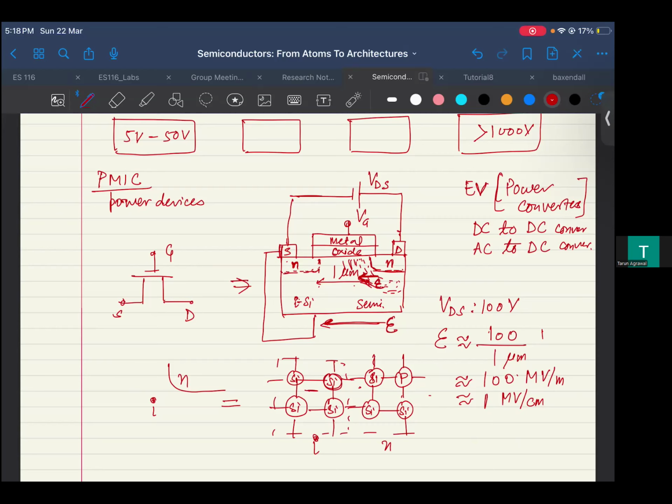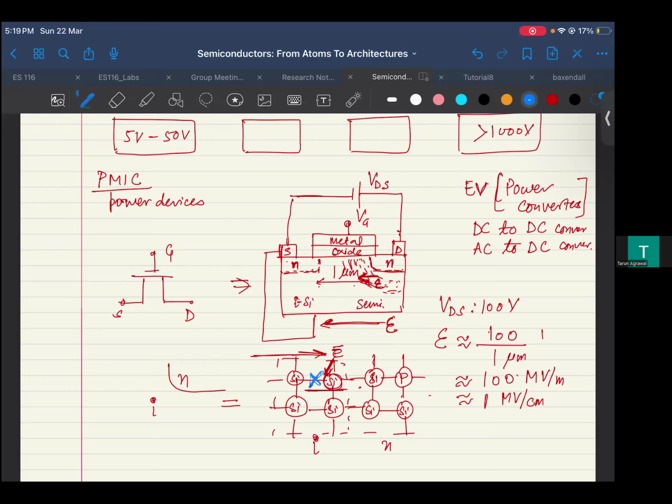This is how the electron is going into the system, because the electric field is that way. The electron is going to gain so much energy from this electric field that it is going to hit these atoms. And when it hits, because there is a very large energy in this electron, it is going to break this bond.